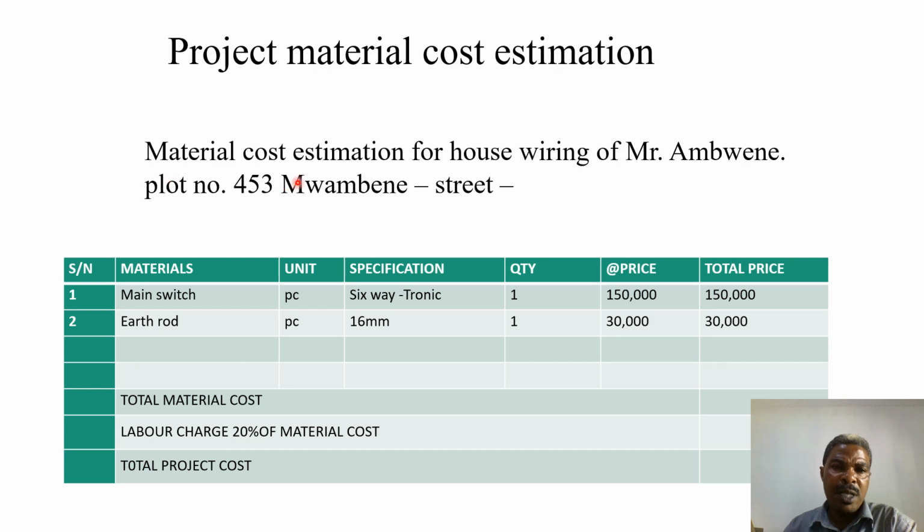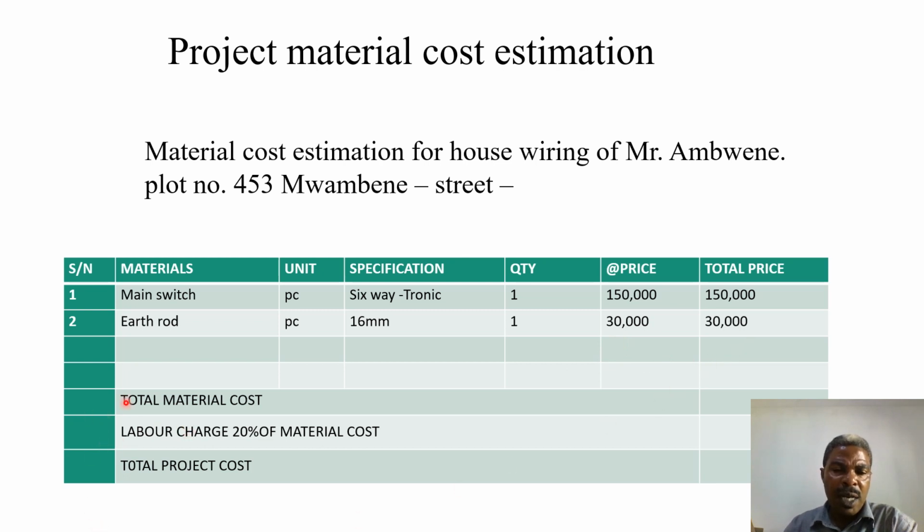For example, material cost estimation for a house wiring for Mr. Ambwene, who is located at plot 453 Timwambene Street, who requires a list of items: main switch, one piece, 6-way tronic type, quantity 1, price, total amount; earth rod, how many, the specification is provided there, the quantity is given, and the price, total amount.